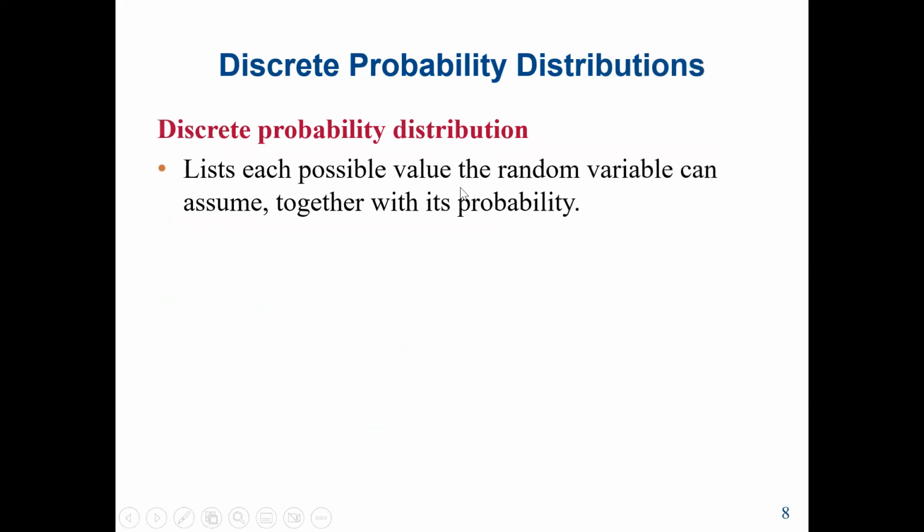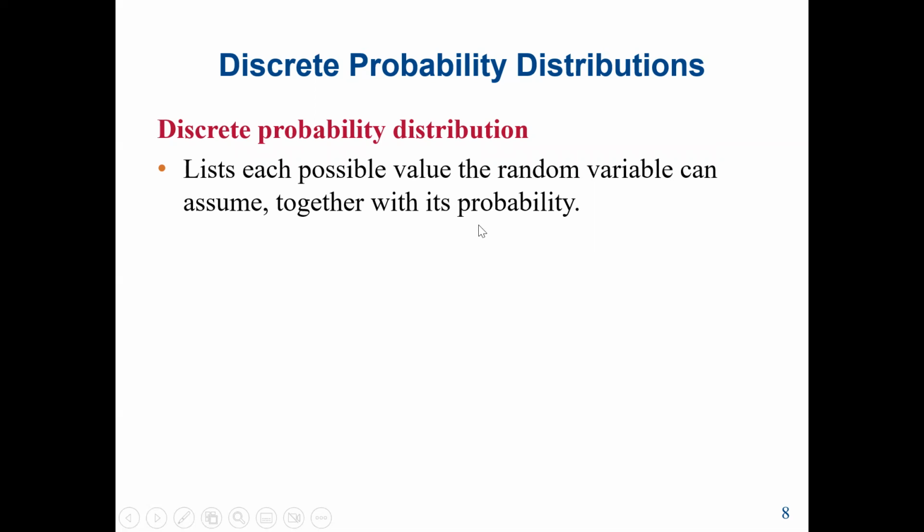We have the discrete probability distribution. Now, a discrete probability distribution lists each possible value the random variable can assume, together with its probability. An example of a discrete probability distribution: if I toss a coin, the possible outcomes are head and tail. And it will be half and half since they are equally likely.